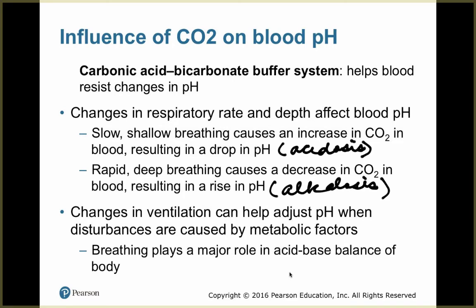Changes in ventilation can help adjust pH when disturbances are caused by metabolic factors. So breathing plays a major role in acid-base balance. If your pH is changing due to metabolism, it's going to make you breathe faster or slower.